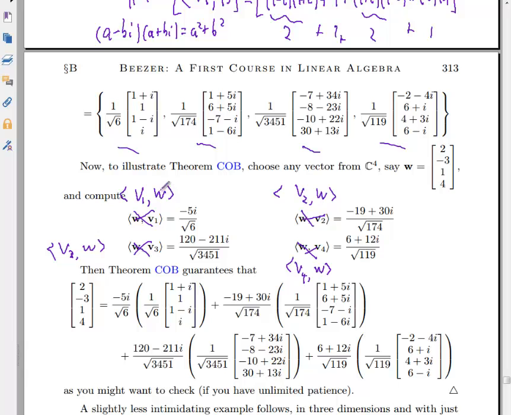In fact, we've shown before that if you reverse the order of the vectors, you get the complex conjugate. So that should be a plus. That actually should be a minus. That should be a minus. And this should be a plus.